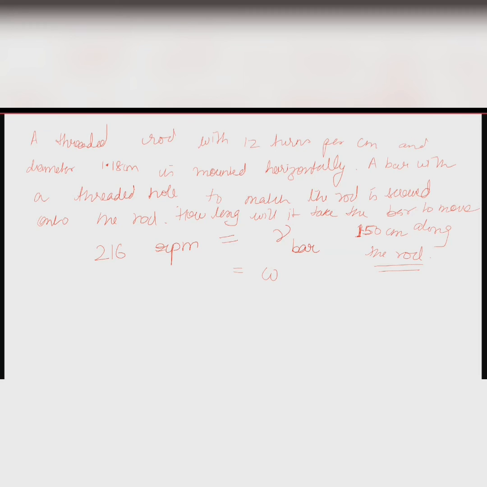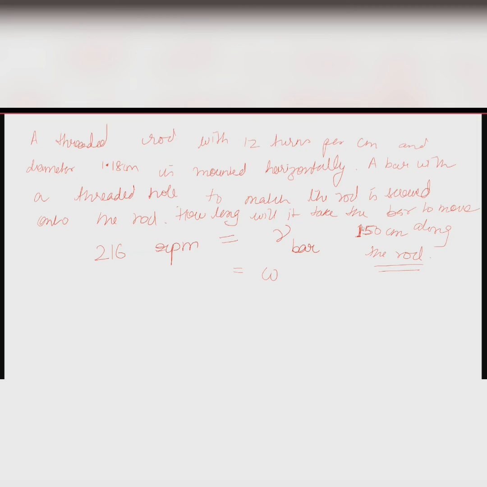Now see, as the bar moves, along with each angular turn that it is taking, it also moves some distance forward. So you have to find how long will it take for the bar to move 1.50 centimeter along the rod.